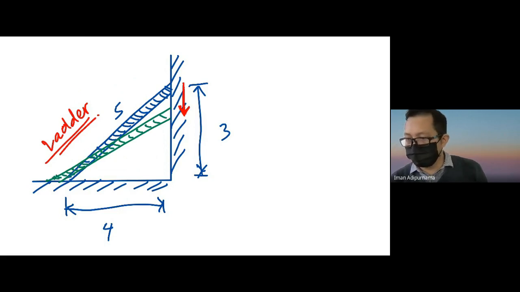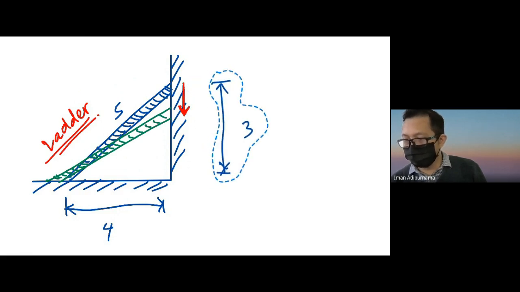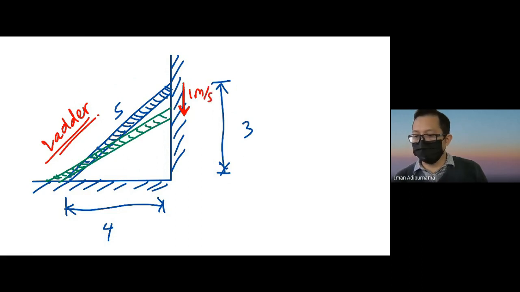Okay. So the information we got is the ladder moves with a velocity in this direction here, this is 1 meter per second, and all is in meters. 5 meter, 4 meter, 3 meter.